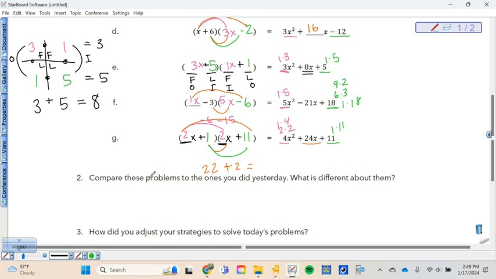What's different about them? Look at the paper from yesterday and look at the paper from today. There's a paper from yesterday in the Tuesday folder. What's different about the problems from yesterday compared to today?